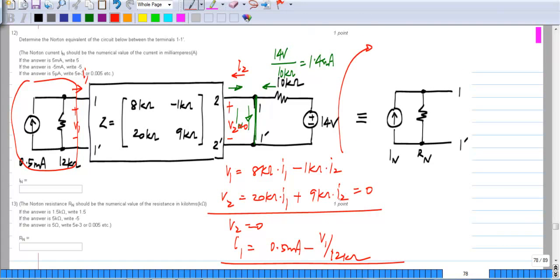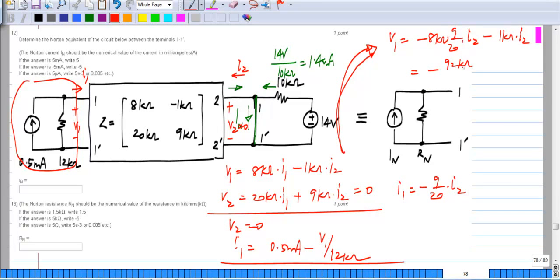From V2 being 0, we get I1 to be minus 9 by 20 times I2, and substituting that in the first equation, we get V1 to be minus 8 kilo ohms times 9 by 20 times I2 minus 1 kilo ohm times I2, which basically turns out to be minus 92 kilo ohms by 20 times I2.